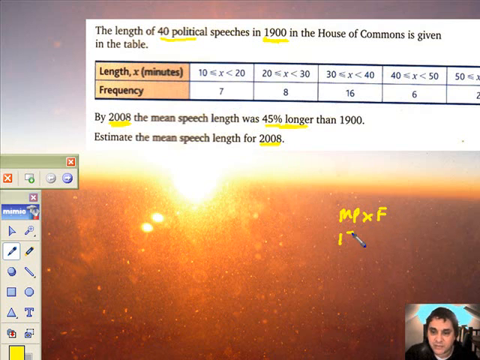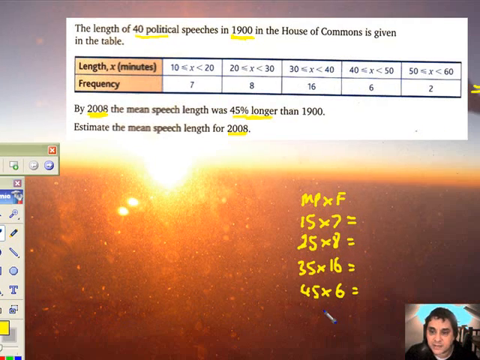So the midpoint is going to be 15 and the frequency is 7. Next one, between 20 and 30, I have a midpoint of 25 minutes and I've got 8 speeches there. Next one, 35 lots of 16. Next one, 45 lots of 6, and the last one, 55 as a midpoint times 2.